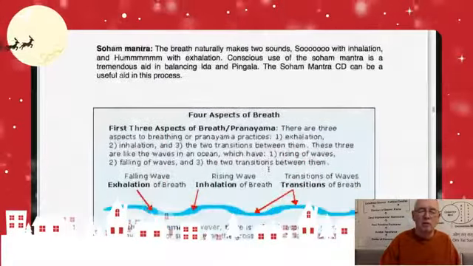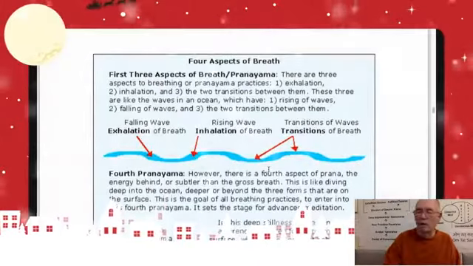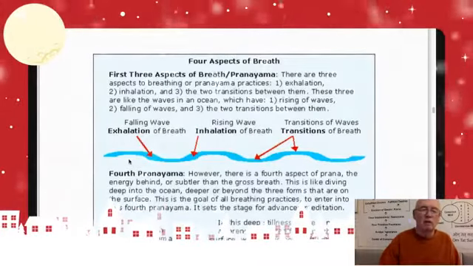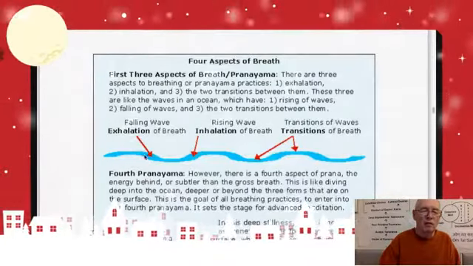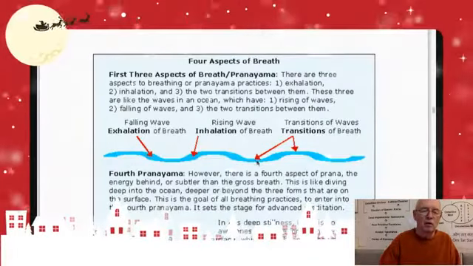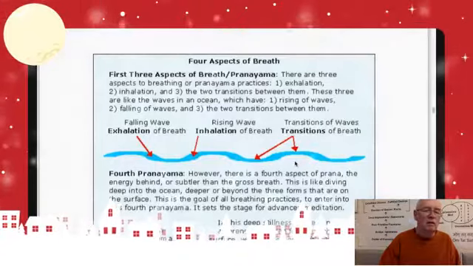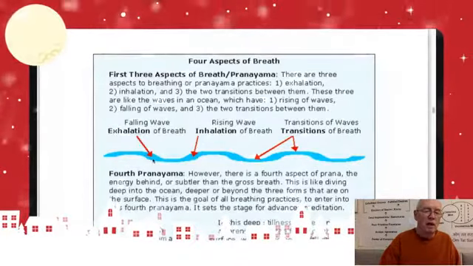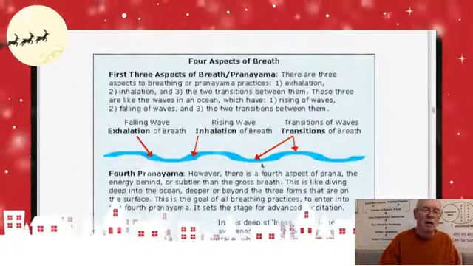And this is a familiar picture. You've seen it before. It's a crudely made wave. So there's the rise in the wave and the fall of the wave, and the rise of the wave and the fall of the wave, and those are transitions, symbolic of breath. So we exhale and we inhale and we exhale and we inhale.